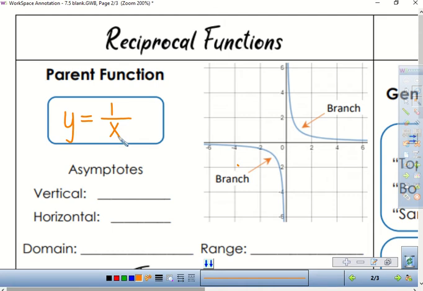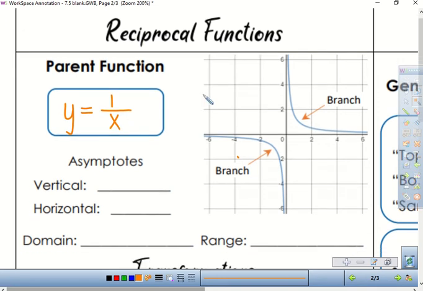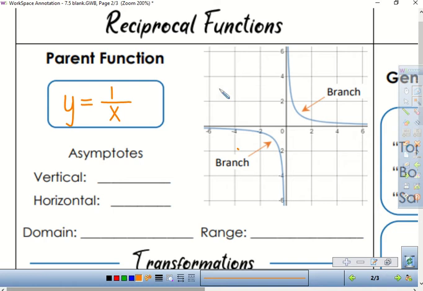The reciprocal parent function looks like this in its general form. It has its two branches. We've been talking about functions that have this type of appearance, and this is basically the parent of all of that. Then we'll talk about what their asymptotes are. In this one, we can look at the asymptotes on the graph itself first.